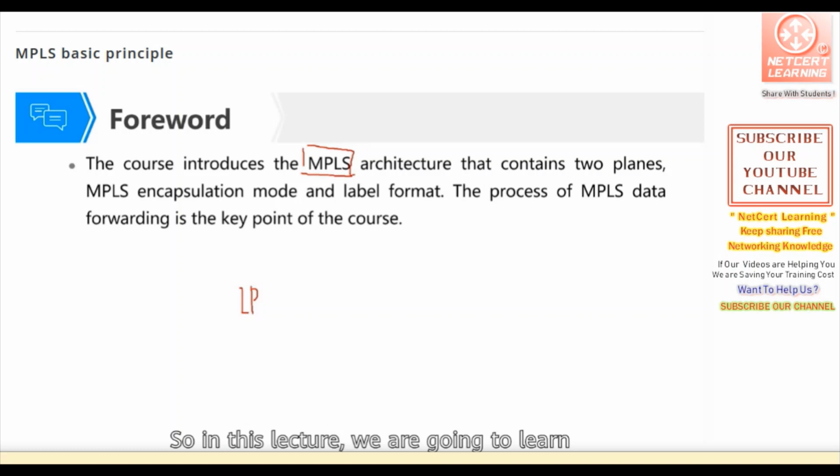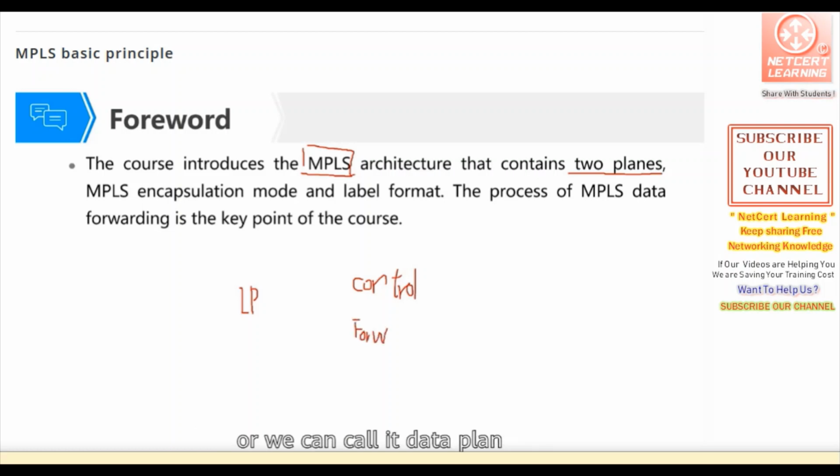In this lecture, we are going to learn the two planes of MPLS. One plane is the control plane. The other plane is the forwarding plane, or we can call it the data plane.